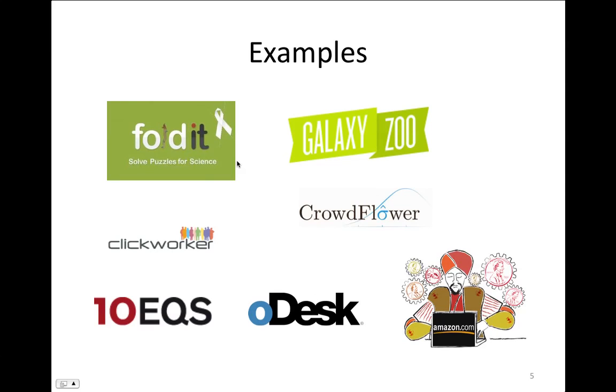In Foldit, for instance, people fold different proteins together, the amino acids, to form new forms of proteins, and then biologists can look at those new proteins and see what they can be used for. In Galaxy Zoo, people just classify different galaxies that are captured by telescopes. Even though we have good classifiers, they're still not as good as humans. So this way they could classify a large number of galaxies with the help of the general public.